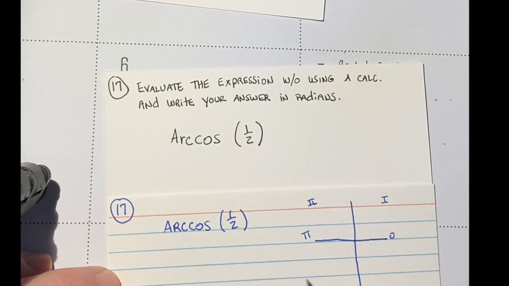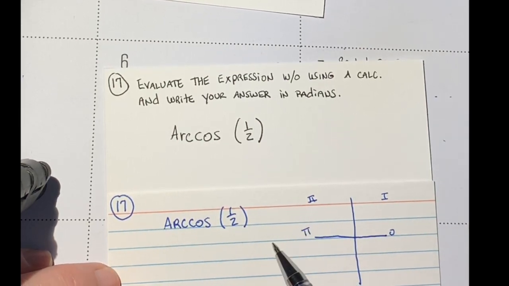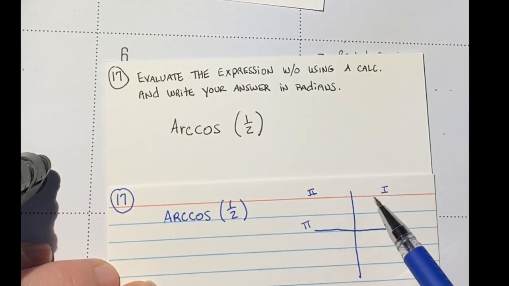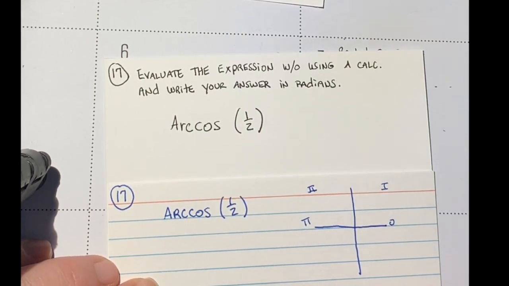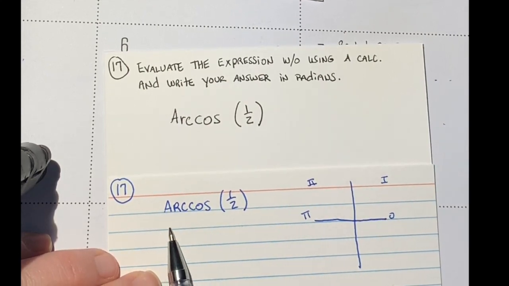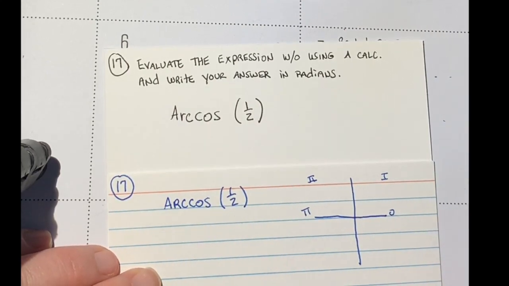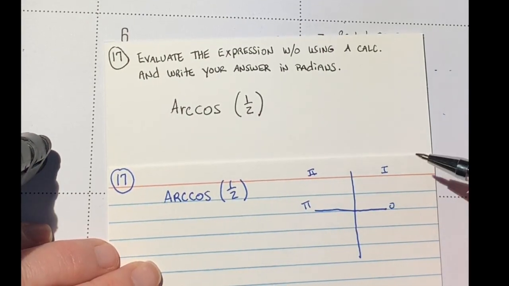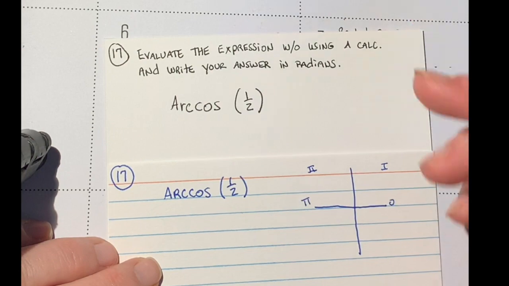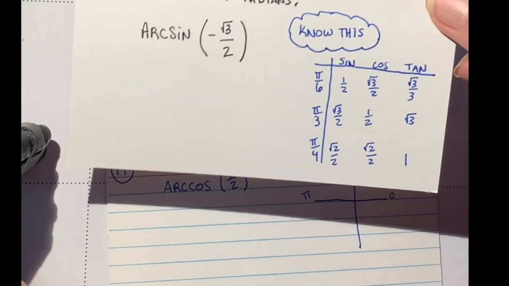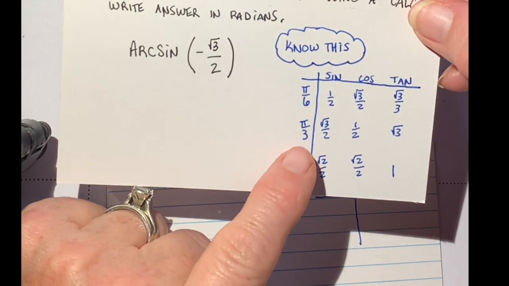All right, and if you don't remember why that is, you can go back to section 4.7, and it's explained in that section why for each function we have to restrict the domain on the inverse to make it a function, because the function as it is over the entire domain, all real numbers, is not a function. Okay, so go back to your little chart. What angle is associated with the cosine of 1/2? Well, it's also a pi thirds or 60 degree angle.